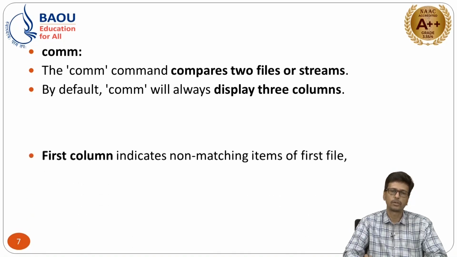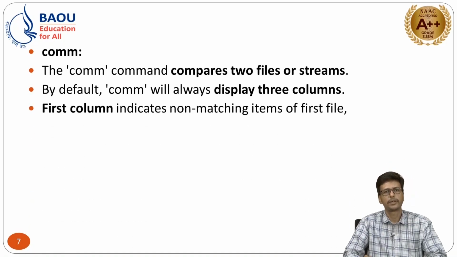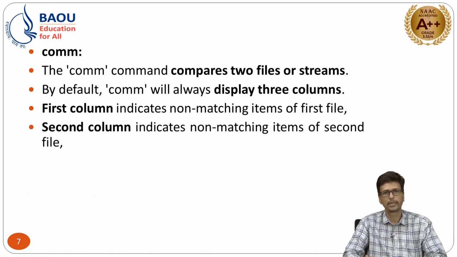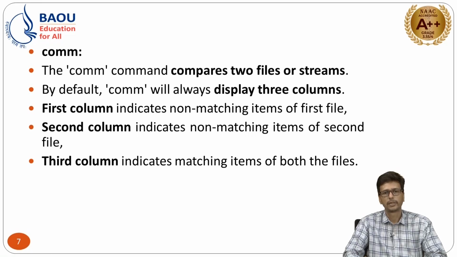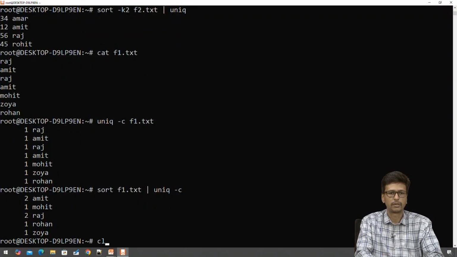The second column represents the contents available in the second file but not in the first file. The third column represents whatever items match, or you can say whatever contents are available in both the files, right? This way you can apply the comm command. So we will apply this practically.